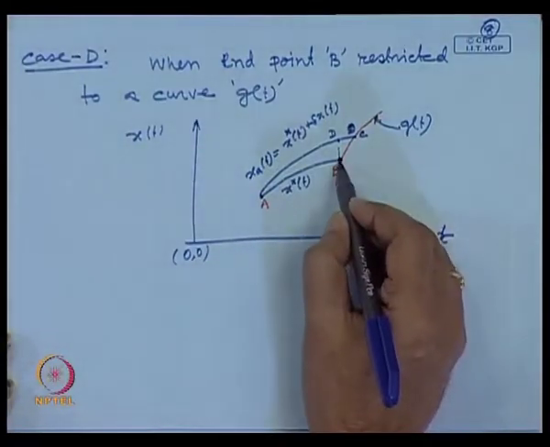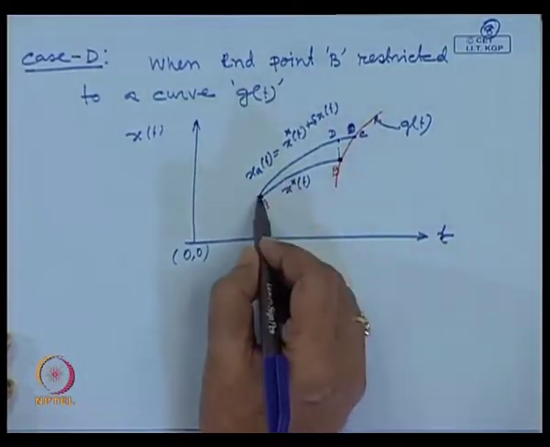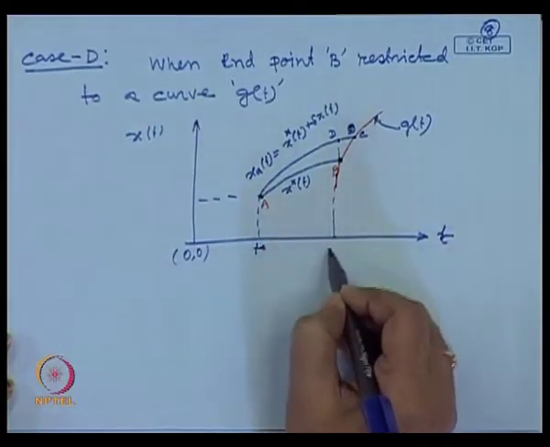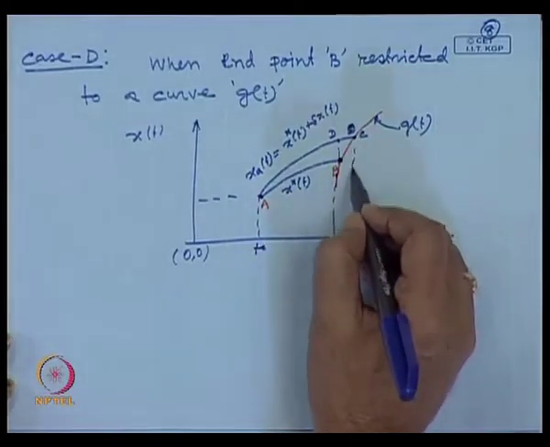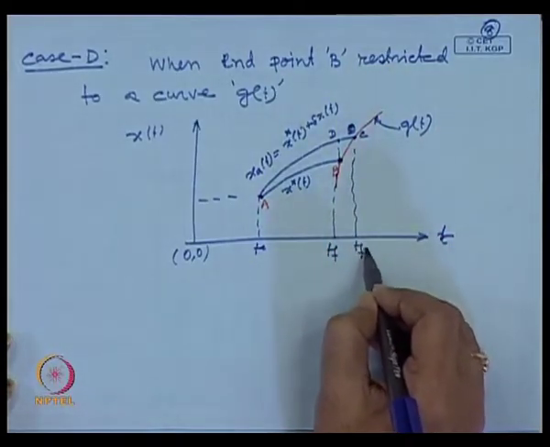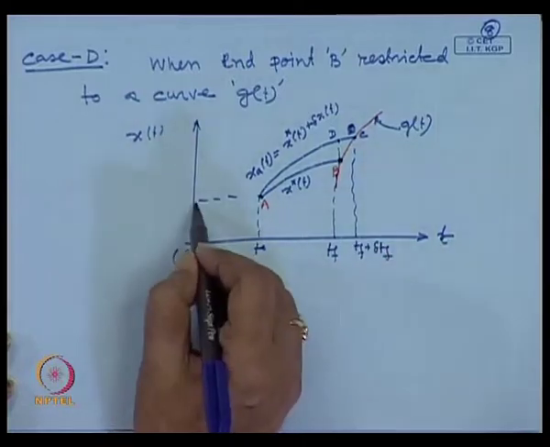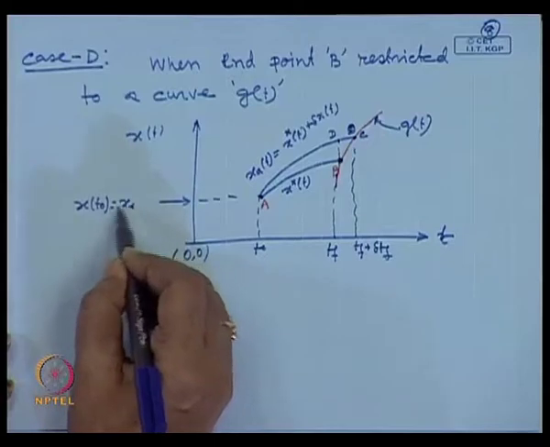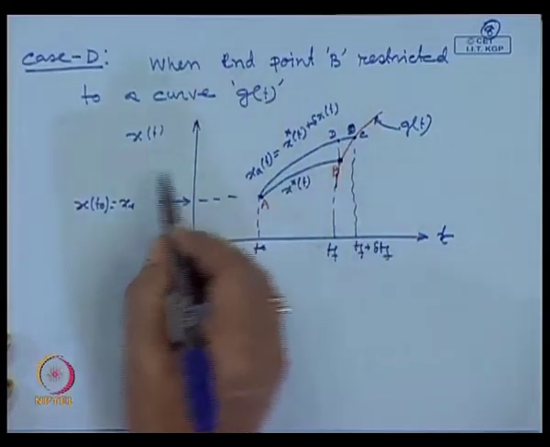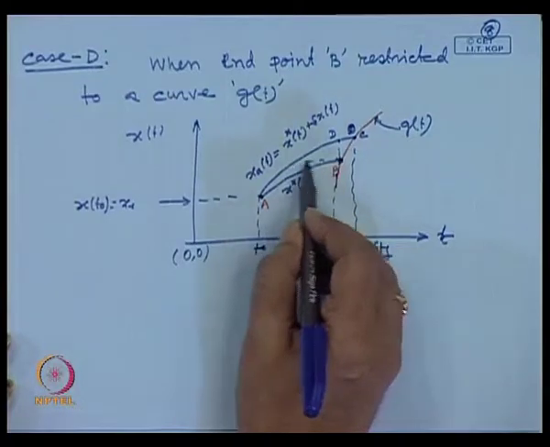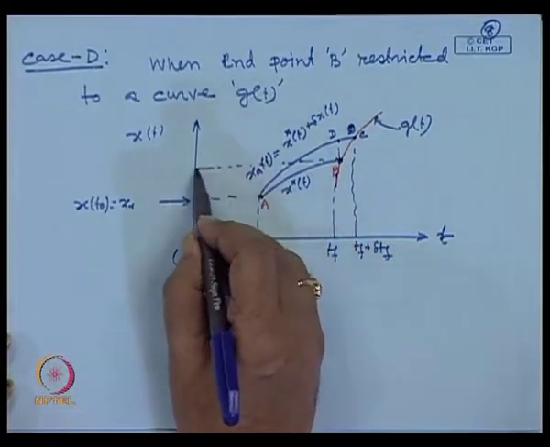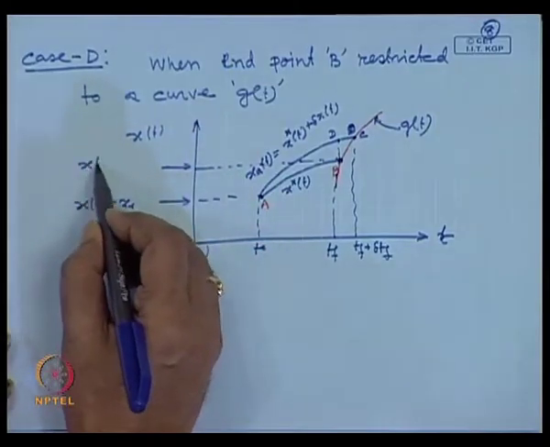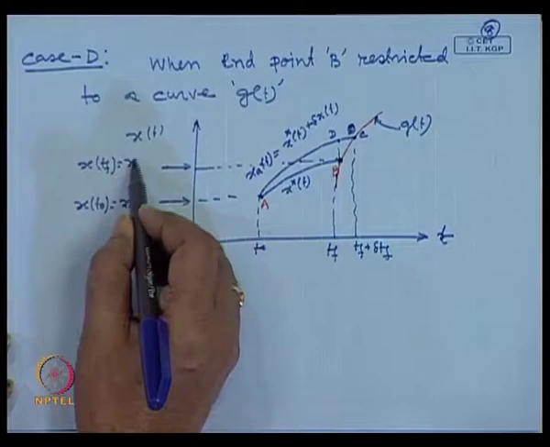This is our T 0, this is T f, and this is T f plus delta T f. The corresponding point is x of T 0 equal to x 0, and this point is x of T f equal to x f.